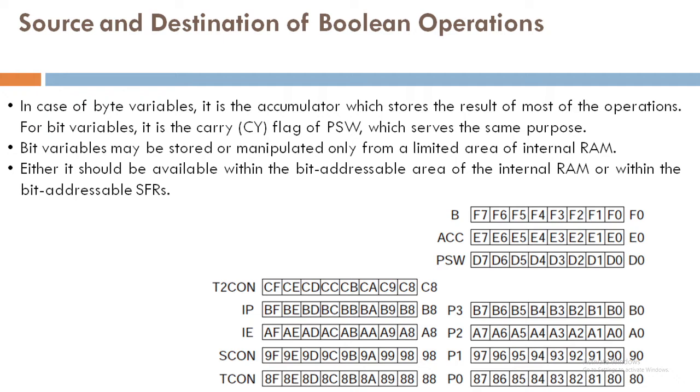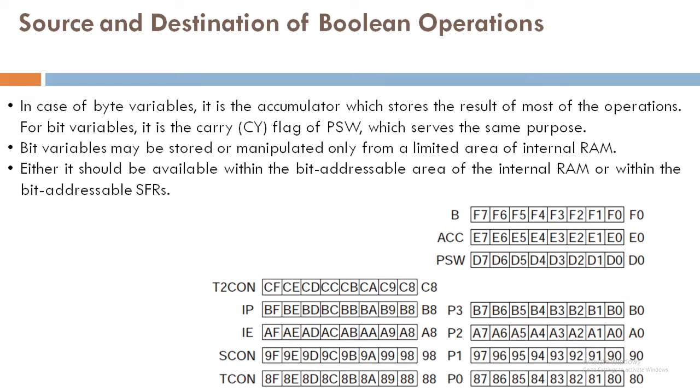So here we can see we have a direct address for register B, which is F0, but there are certain other bits which can be addressed using F0. F0 is used to address the entire register, but again F0 also means the first LSB, then F1, F2, F3, F4, F5, F6 and F7. Similarly, we have the accumulator.